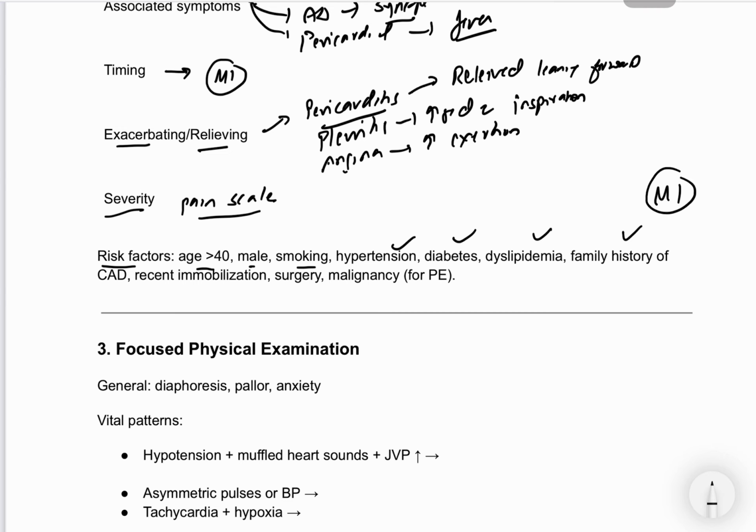And if there is immobilization, surgery, malignancy, these risk factors might tell us the patient might have pulmonary embolism. If the patient has malignancy only, then we can also think of pericardial effusion.